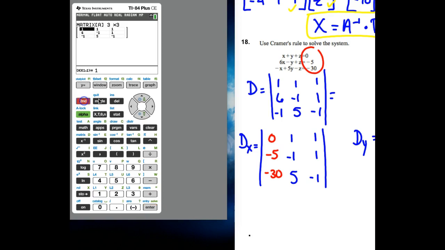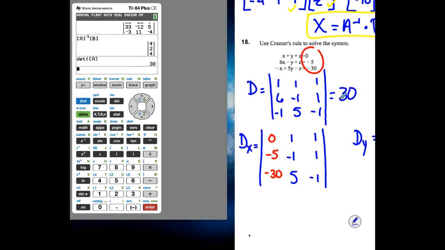Okay? Quit out of that. Now I want to find its determinant. So second matrix, go over to the math menu. It's the very first option. The determinant of matrix A, hit enter, and I get an answer of 30. Okay, so the determinant for my initial D matrix is 30.